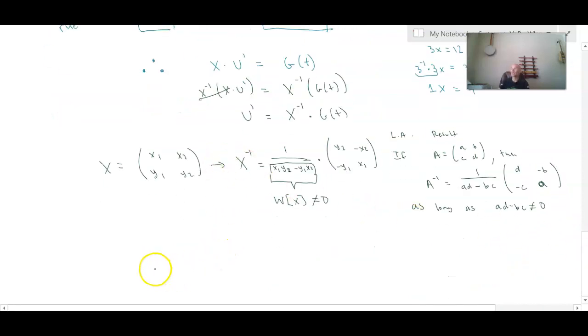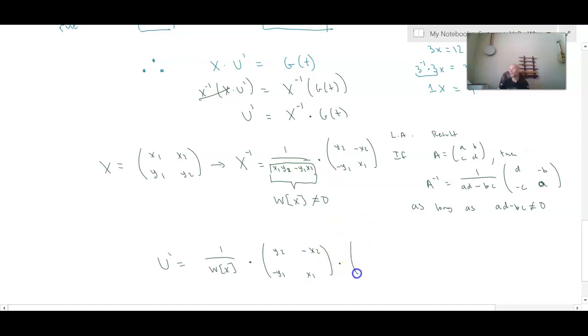So that means that u prime is going to equal 1 over the Wronskian of x times the matrix y2, negative x2, negative y1, x1, multiplied by g of t.